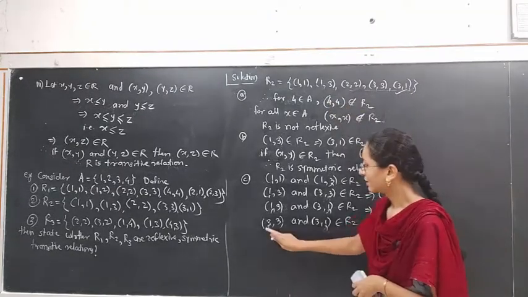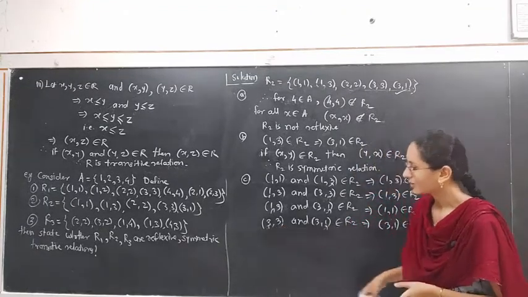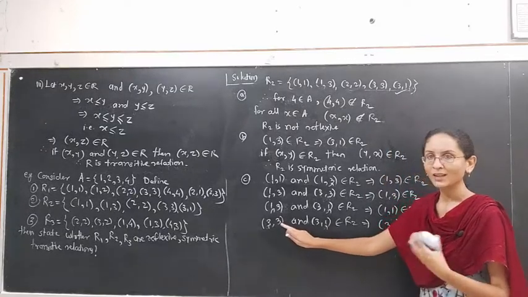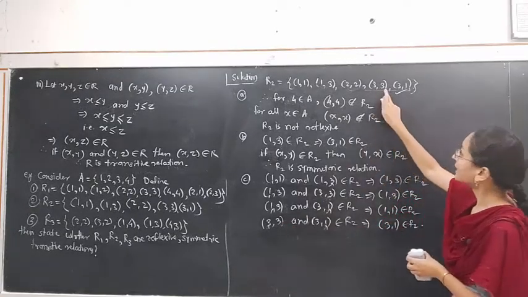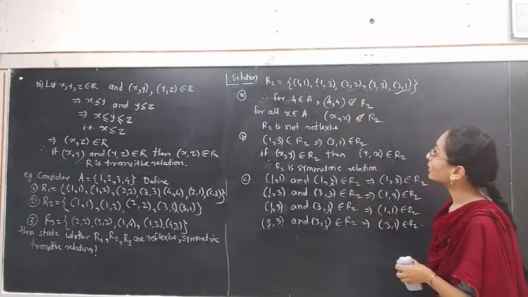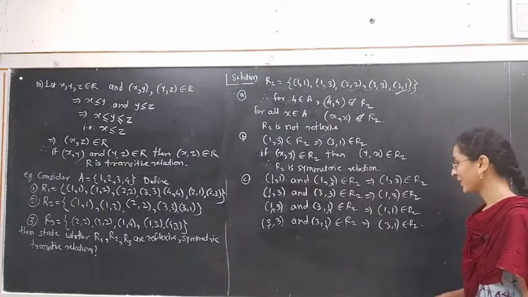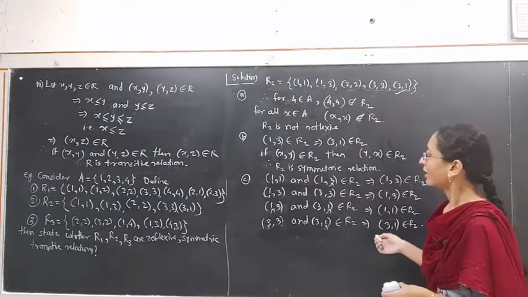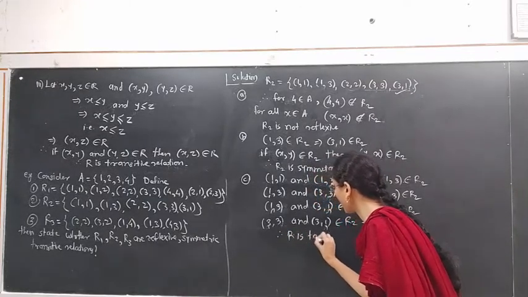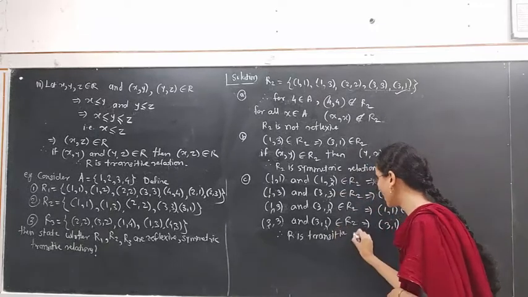Now we consider the ordered pair (3, 3) and look at the other ordered pairs in which 3 is related to another element. 3 is related to 3 here, 3 is related to 1, and there is no other ordered pair in which 3 is related to another element of set A. Therefore, R2 is a transitive relation. Why is it transitive?